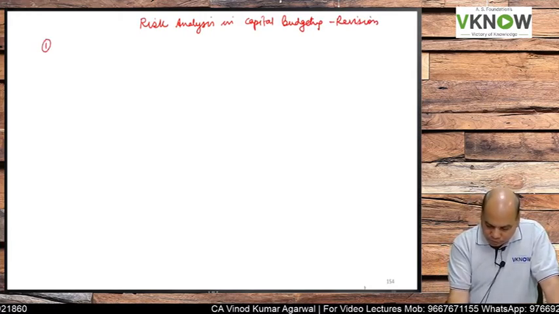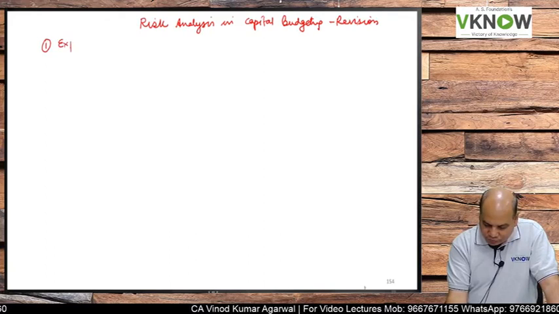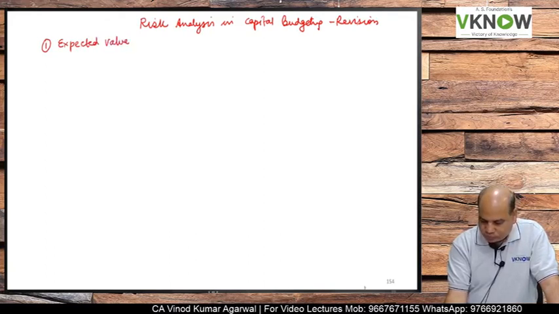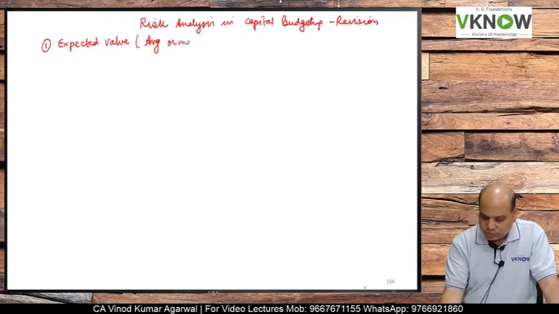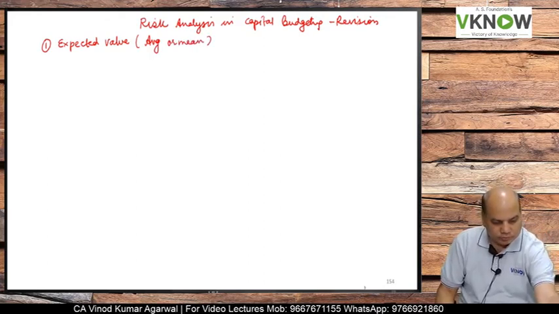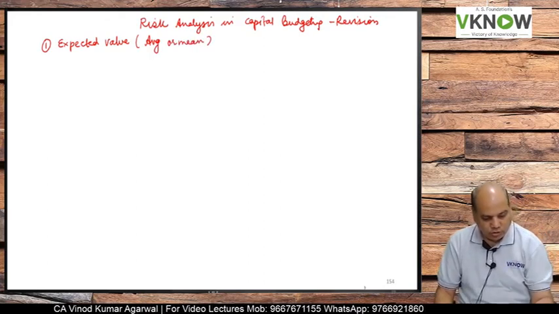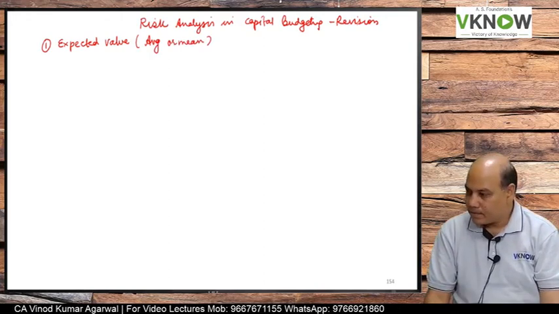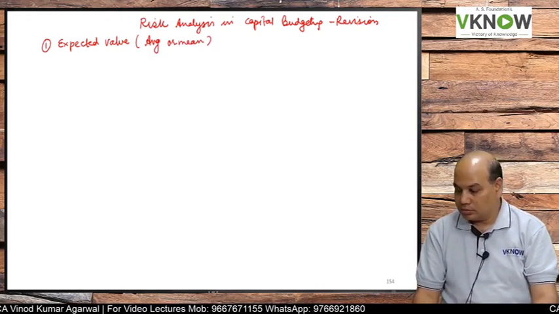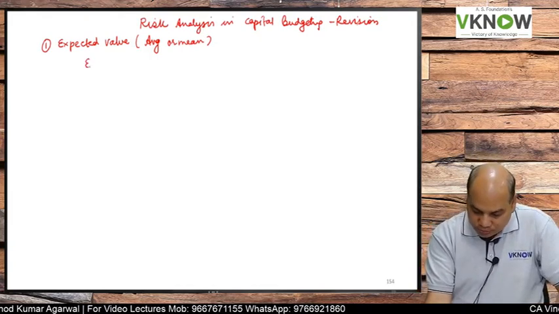So first we have to understand expected value. Expected value means average or mean. So how do you compute it?